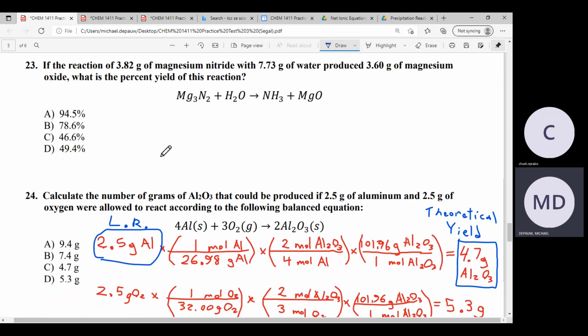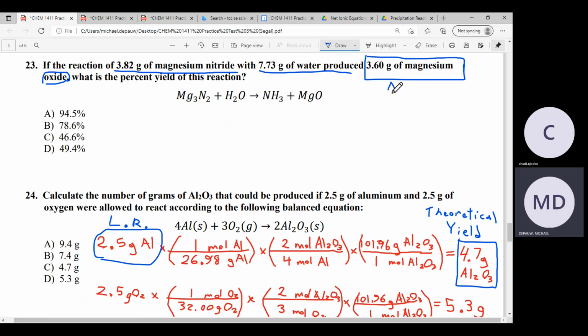Now, like in the previous problem, however, it says a reaction of 3.82 grams of magnesium nitride with 7.72 grams of water. And it said it produced this, 3.60 grams of aluminum oxide here. This is what was actually produced.